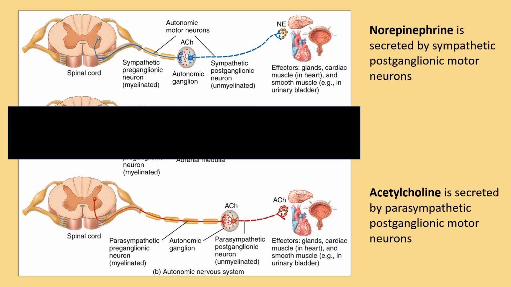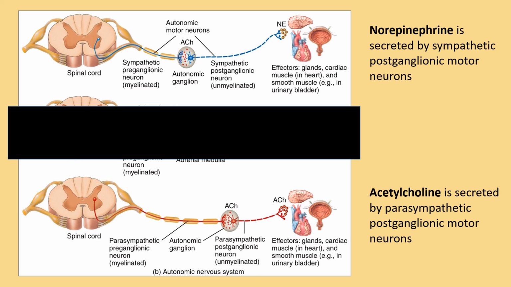And again, the neurotransmitter that is secreted by the preganglionic motor neuron is acetylcholine. This is a parasympathetic pathway, so for the postganglionic motor neuron number 2, the neurotransmitter that is secreted onto the effector is always acetylcholine, ACH.